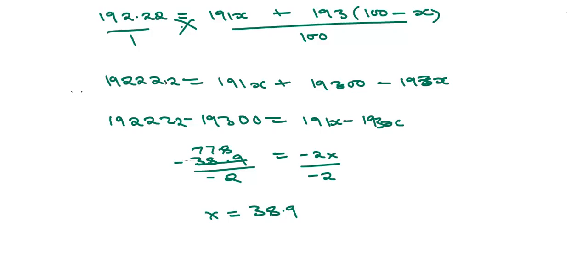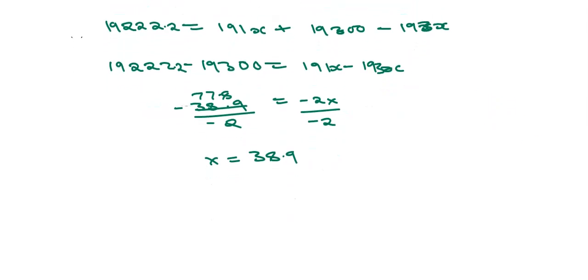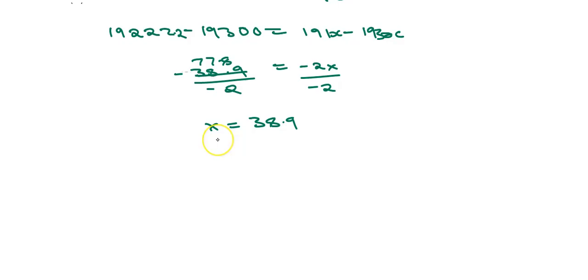So our first assumption was that the percentage abundance for the isotope 191, which we said was M1, was x.